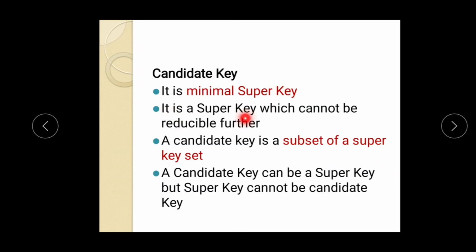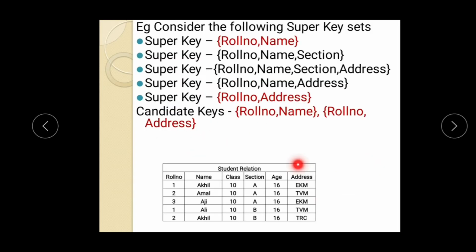I will explain these two terms by looking at this example, the same example I mentioned previously, the student relation. I have identified 5 super keys, and from these 5 super keys, I can derive the candidate key.